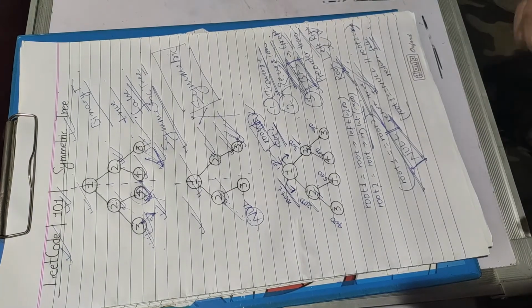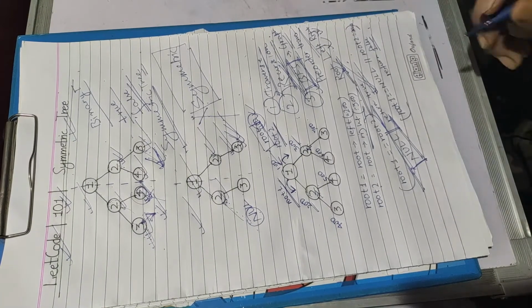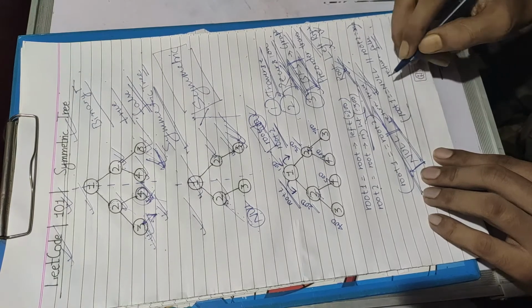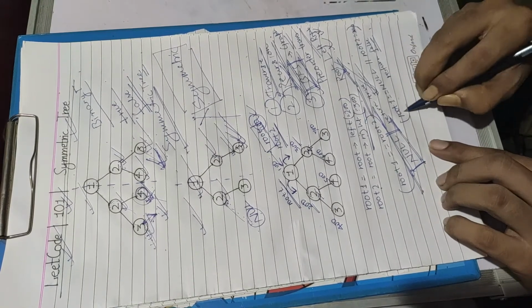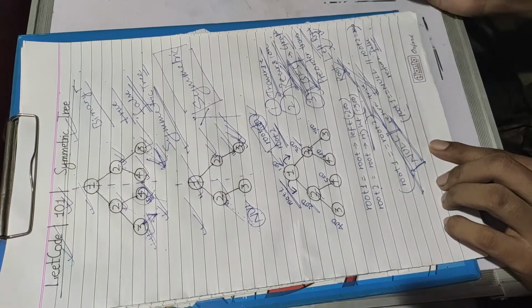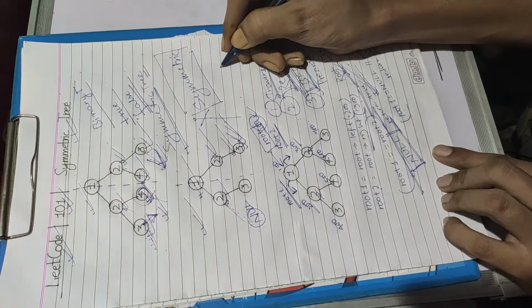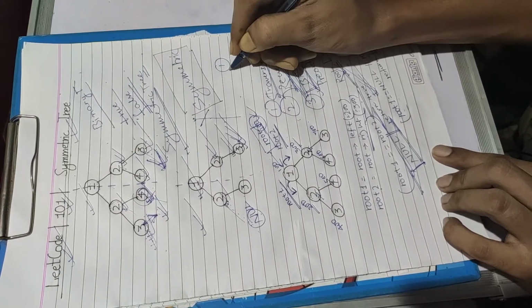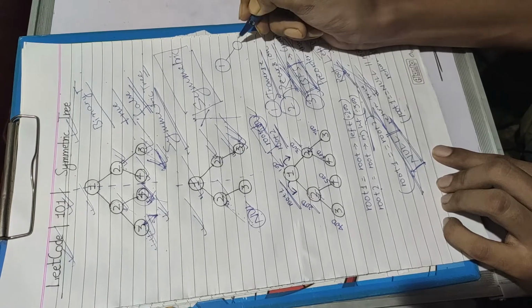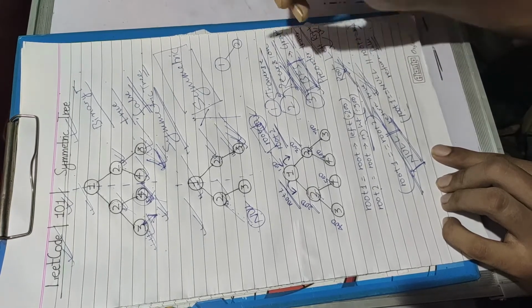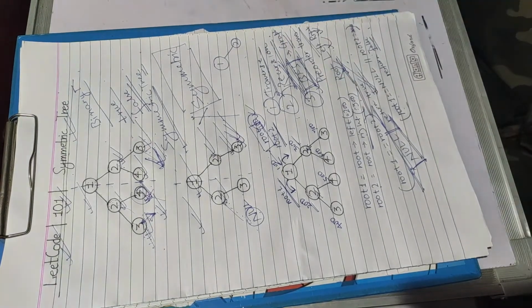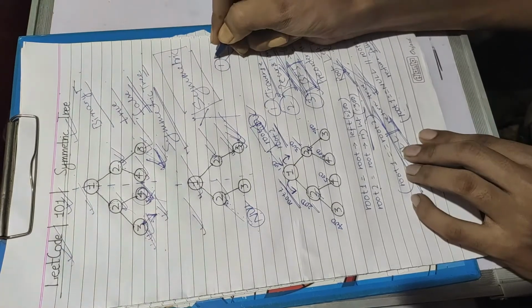Let me show you an example of what I'm saying, where one of root 1 and root 2 is null. Let's say this is the root node with 100 and this is a right child with 200, and we don't have anything in the left child.